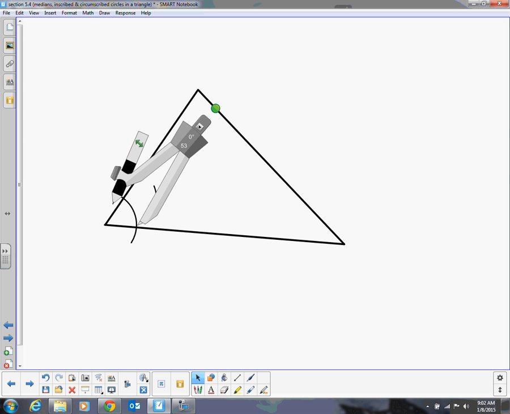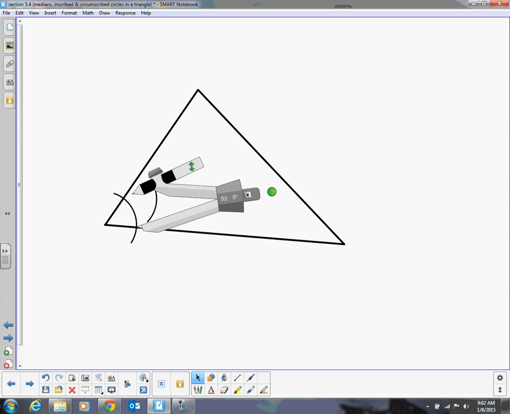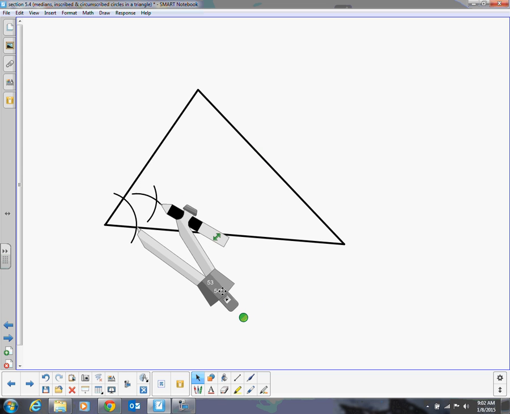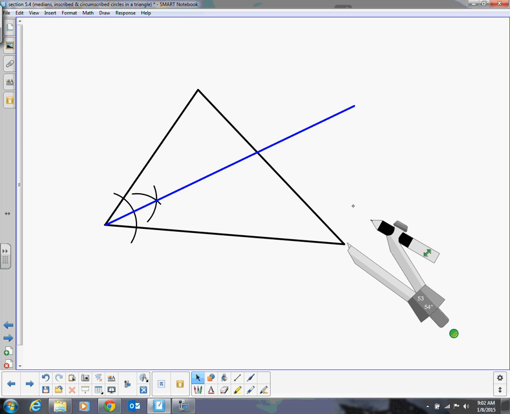We are going to come to this point of intersection, and we are going to do another arc. All right, so what we want to do is connect this vertex and pass it through that point of intersection of those two arcs. The more accurate this is drawn, the more accurate your circle will be inscribed in your triangle. So again, a goal is to get our circle inside the triangle. It's going to touch all the sides.